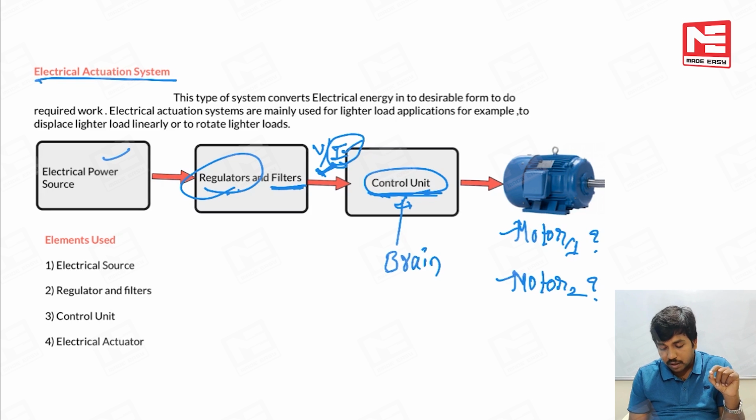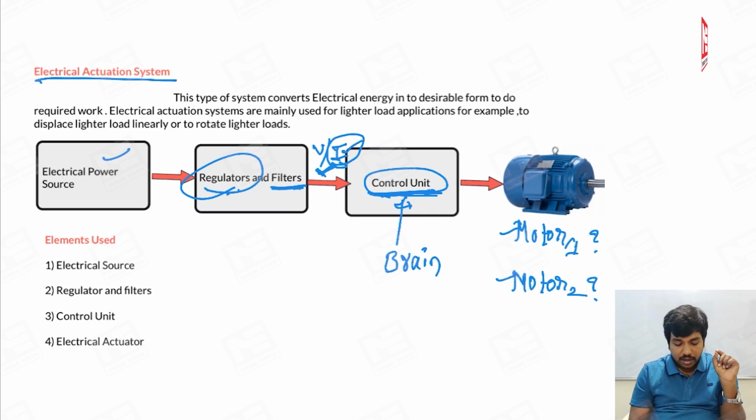Clear? And this current will enter the coils of the motor, and the shaft of the motor will rotate. This is how electrical power can finally be converted into angular rotation. So if electrical power is converted into angular rotation or linear displacement, that is called an electrical actuation system. Clear? Now let me conclude this topic.